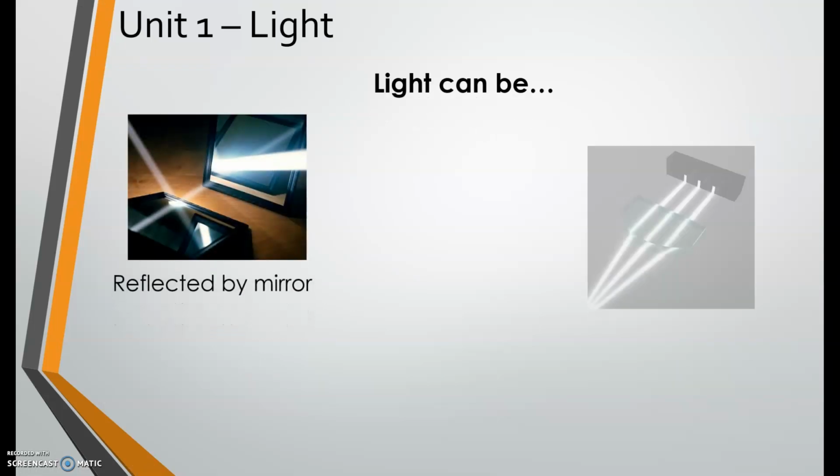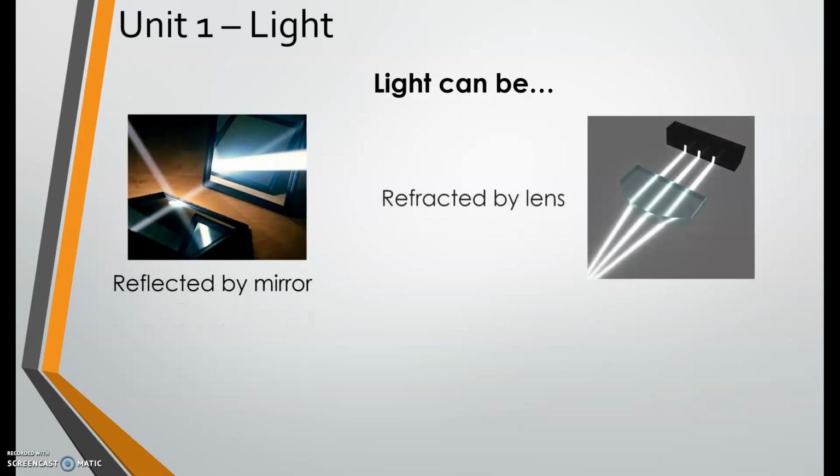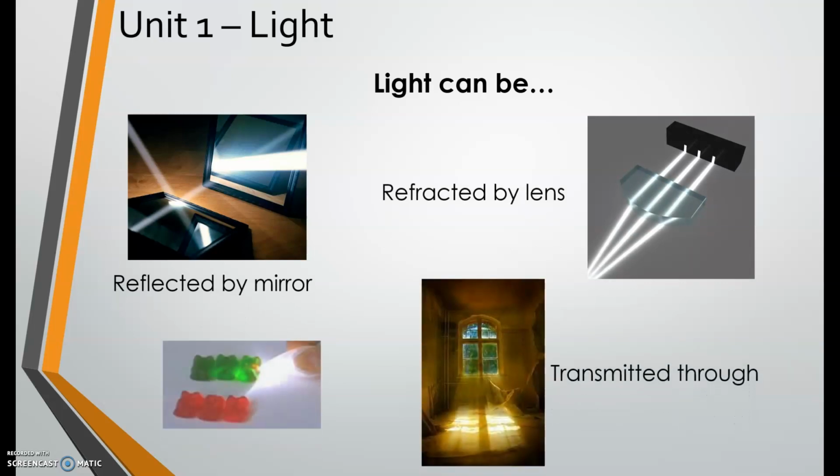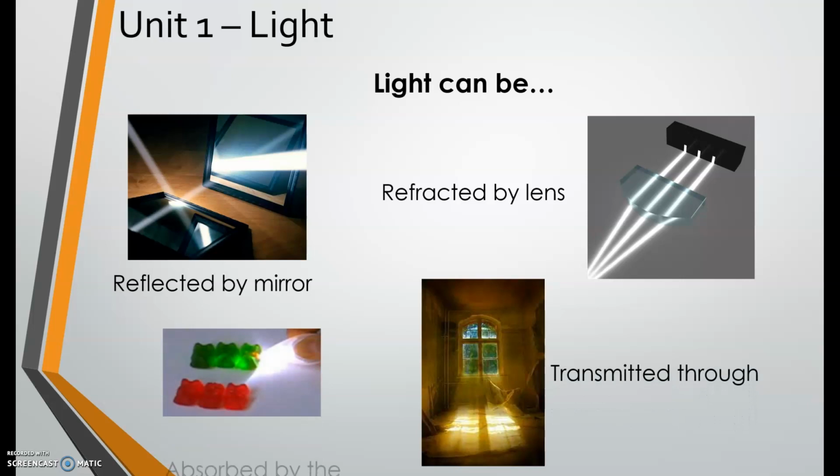Okay, next. So we also talked about how light travels through different materials. Light can be reflected by a mirror. It can be refracted by a lens. It can be transmitted through and absorbed by the object.